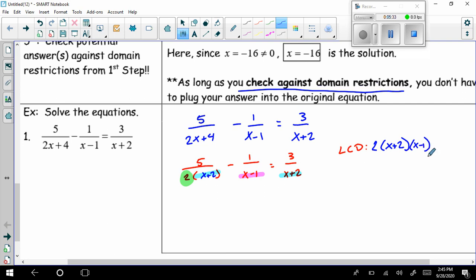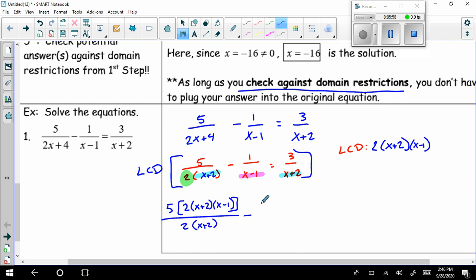Now eventually you'll be able to streamline this next step, but you are going to multiply through by that LCD. All right, so you get 5 times 2 times x plus 2 times x minus 1, minus 1 times 2 times x plus 2 times x minus 1.